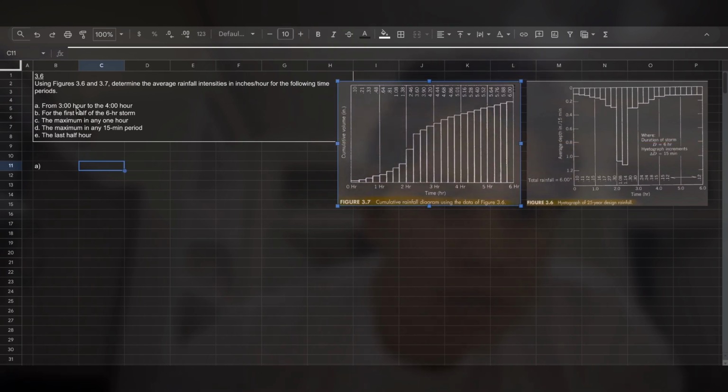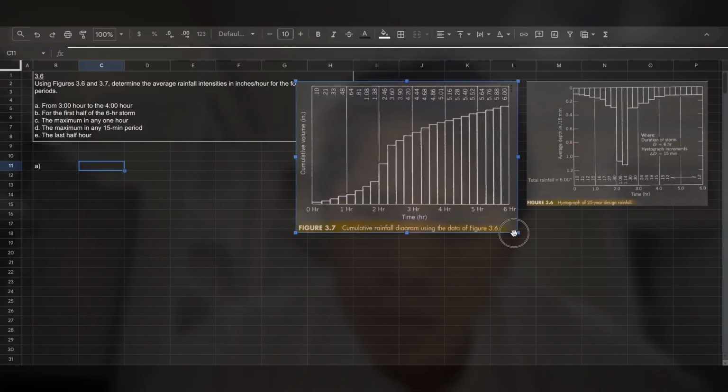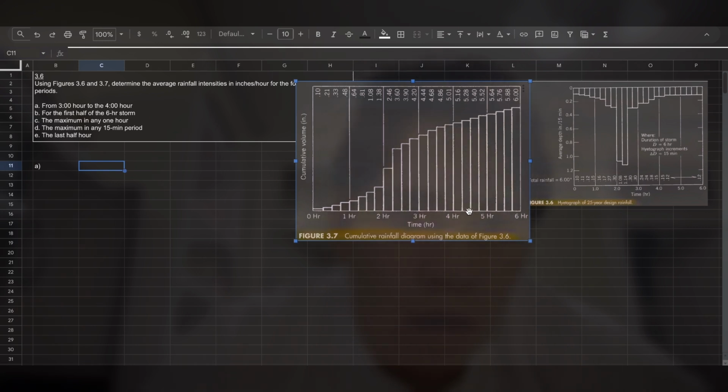They're asking us for the intensity from the third hour to the fourth hour. If we use the cumulative graph, we can find the highest precipitation value at the end of the fourth hour, which will be 5.01.